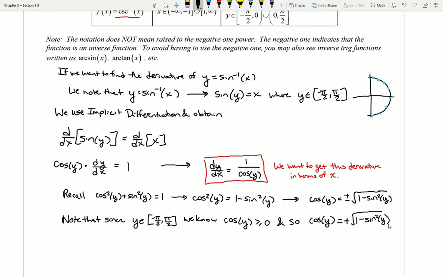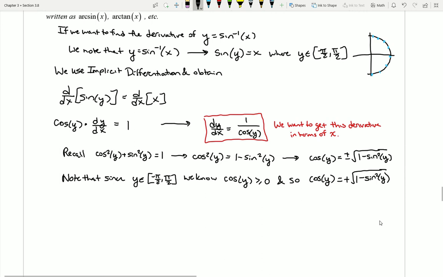Okay, so what we can do is take this and update our derivative. We could state that dy/dx, which used to be 1 over the cosine of y, could be replaced with 1 over the square root of 1 minus the sine squared of y.